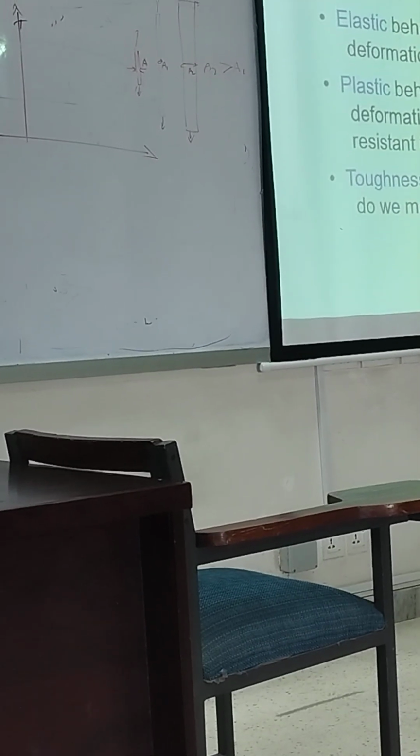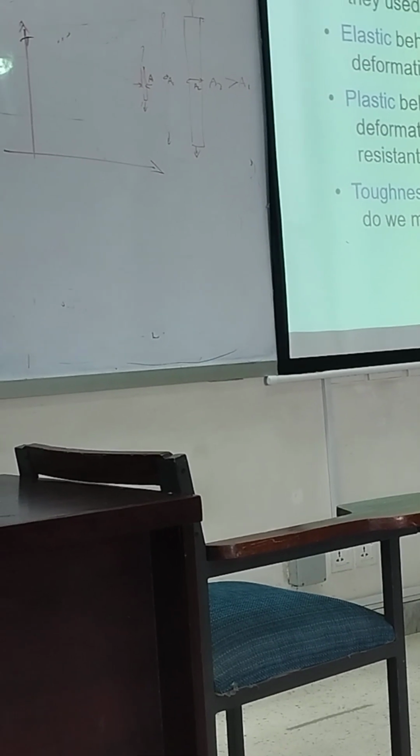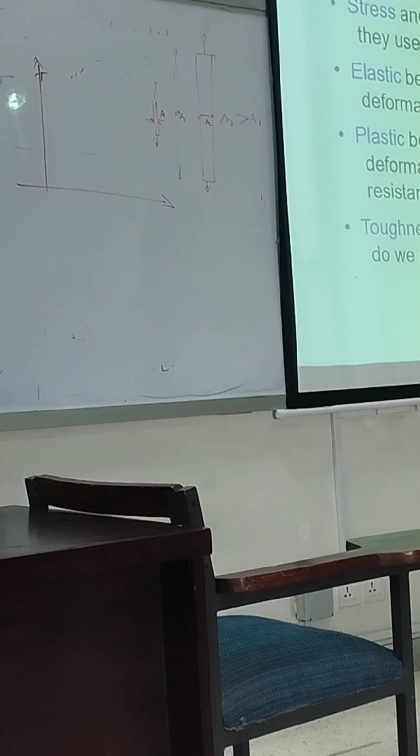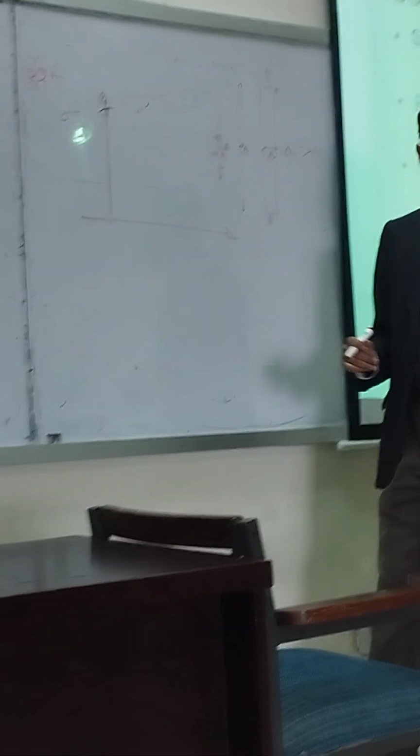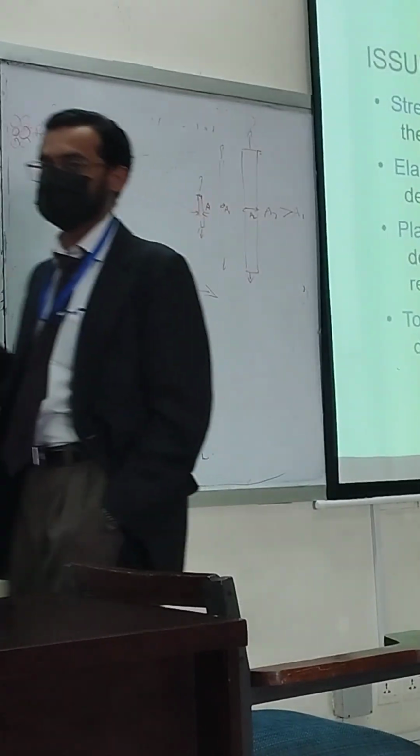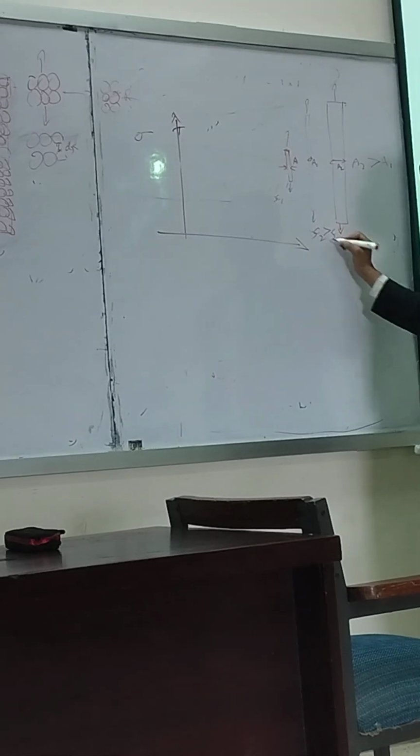F is equal to k e, and k depends on F and e, so we cannot basically predict based on the information that it is the same material, because each one of them is going to give you different displacement. This one is going to give you x1, this one is going to give you x2, which is greater than x1.